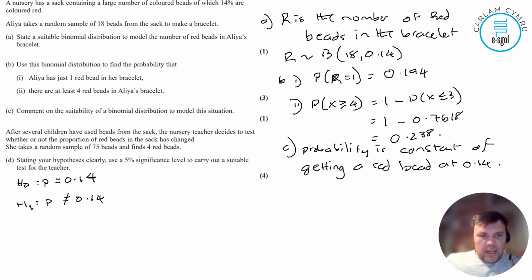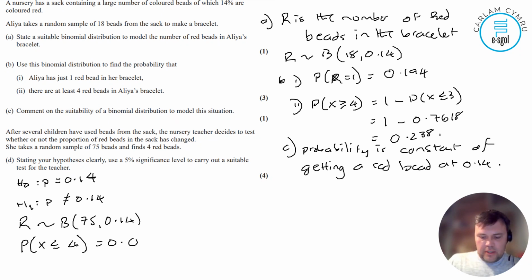So we would then write R belongs to a binomial B(75, 0.14), where the probability of X ≤ 4 equals 0.01506.